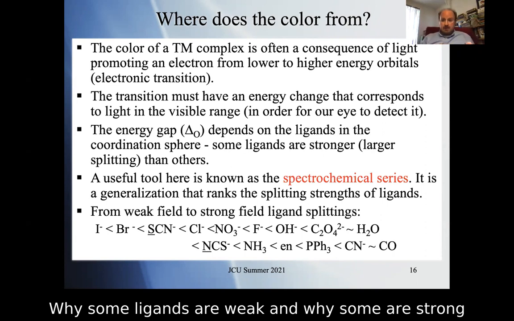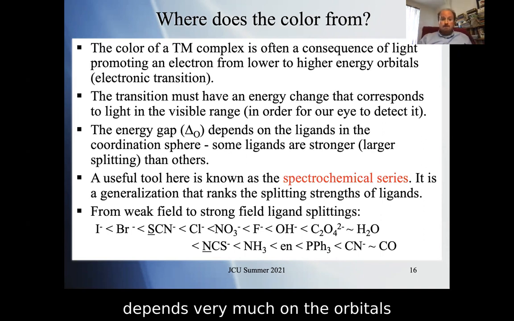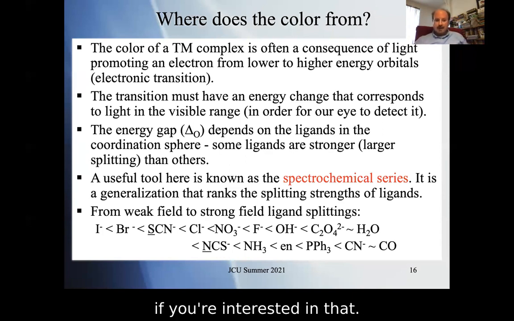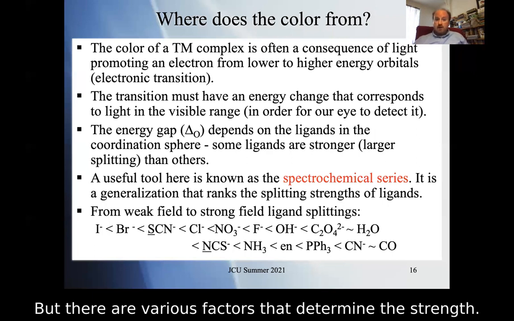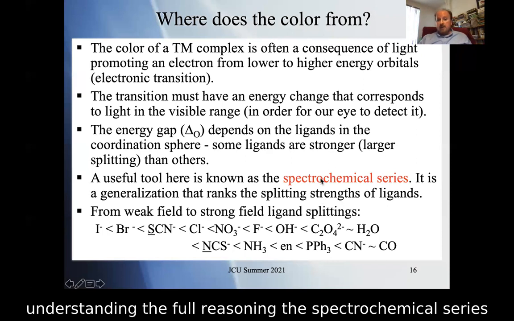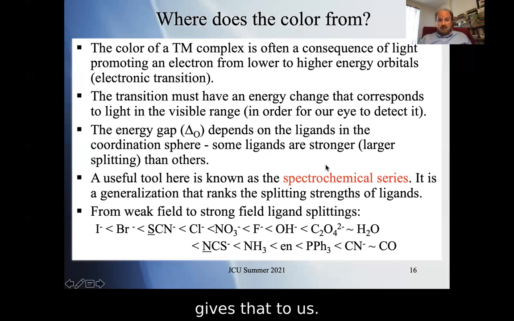Why some ligands are weak and why some are strong depends very much on the orbitals at play, which is in large part an entire graduate class, if you're interested in that. But there are various factors that determine the strength. The nice thing is, even without necessarily understanding the full reasoning, the spectrochemical series gives that to us.